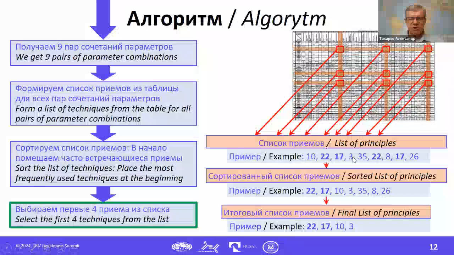If the principles are not repeated, the same sequence stays as it was in the very beginning. So it would be 22, 17, 10, 3, and etc.